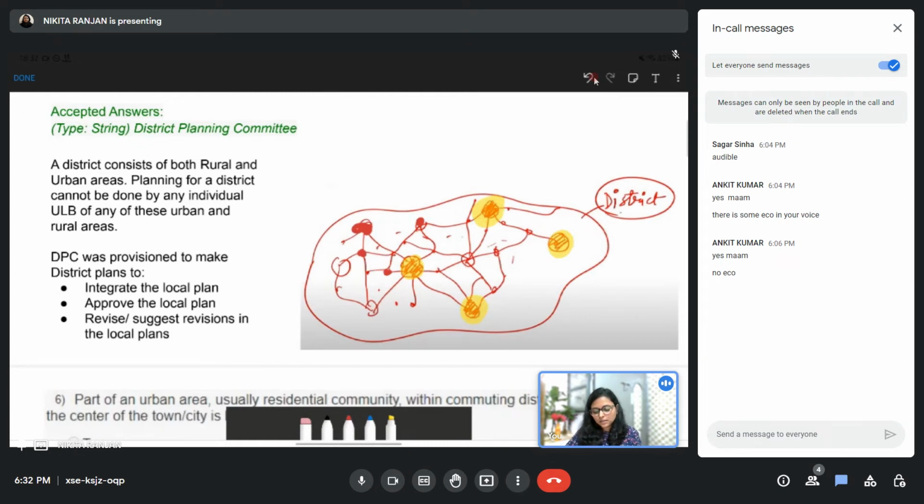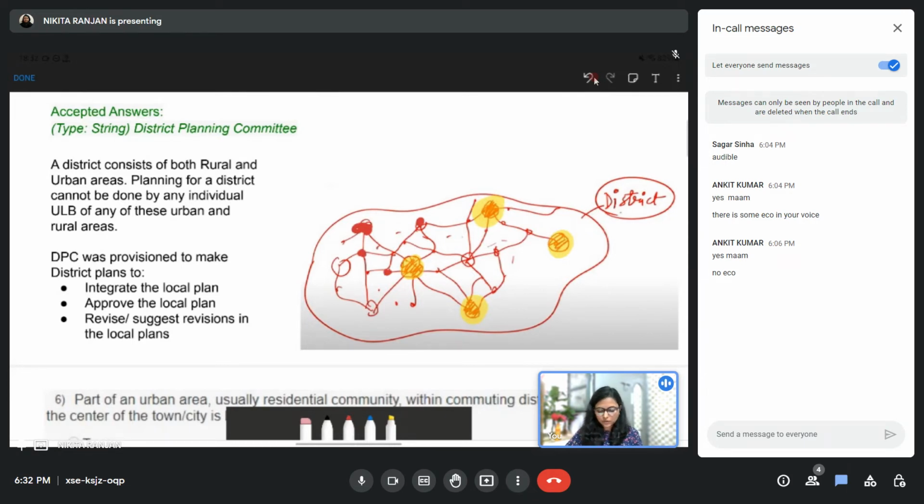If you have to make a plan for the whole district, any individual urban local governance body of a village or a city cannot make decisions for the whole district. It cannot make a plan for the whole district. So for the purpose of making a district plan to integrate the local plans together, the district planning committee was instructed to be formed by the state governments by the provisions of the 74th Constitutional Amendment Act.